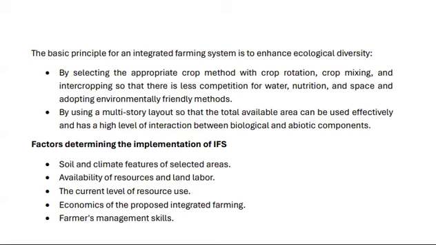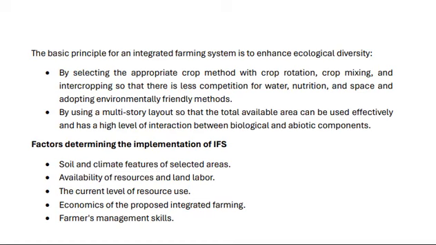The basic principle for an integrated farming system is to enhance ecological diversity by selecting the appropriate crop method with crop rotation, crop mixing, and intercropping so that there is less competition for water, nutrition, and space, and adopting environmentally friendly methods.